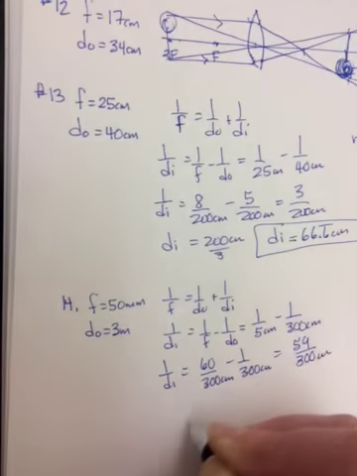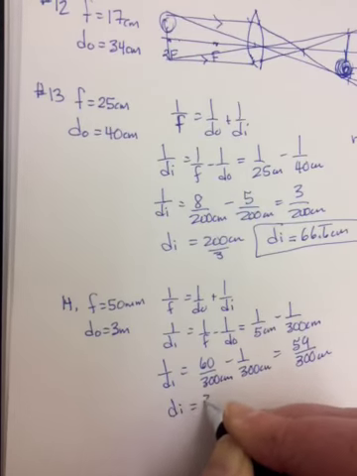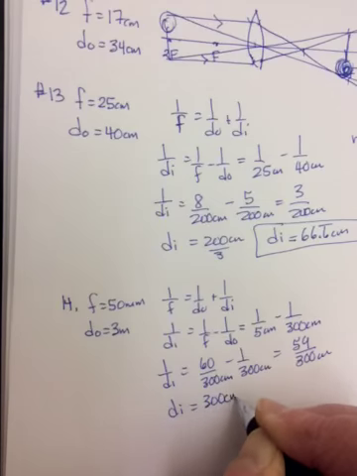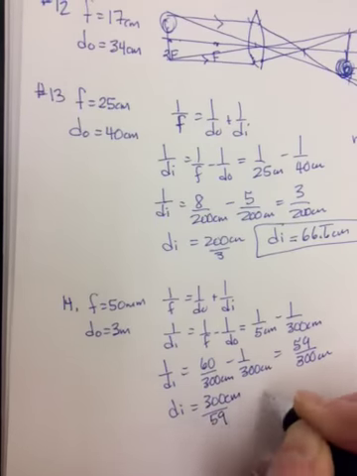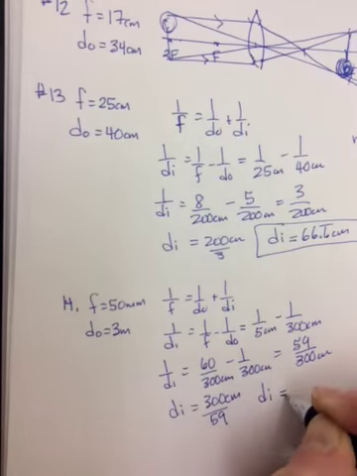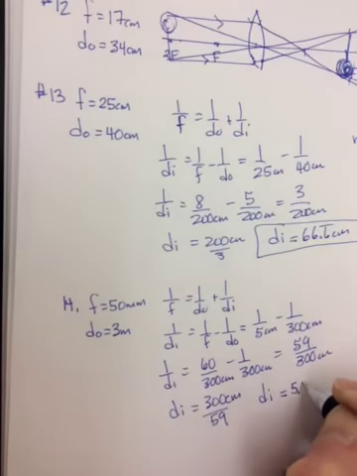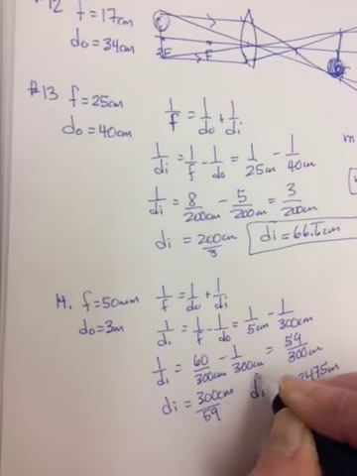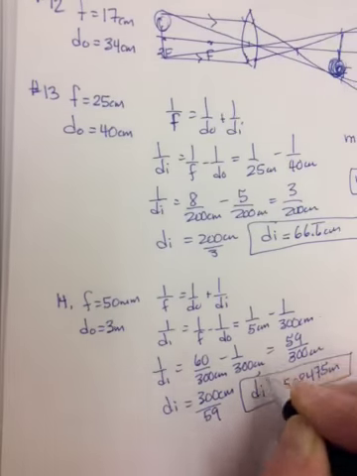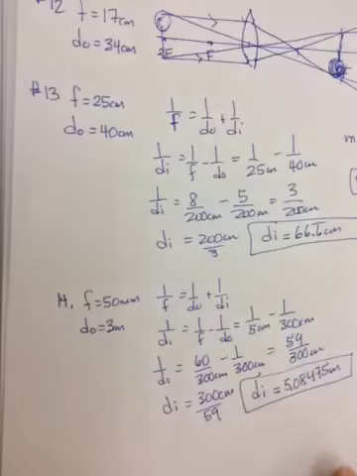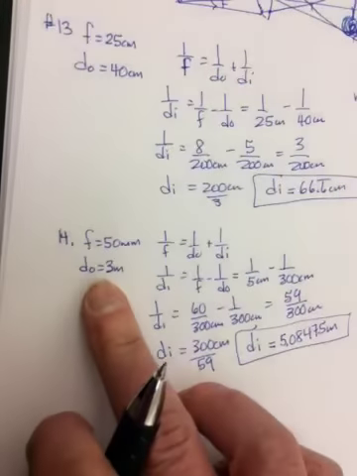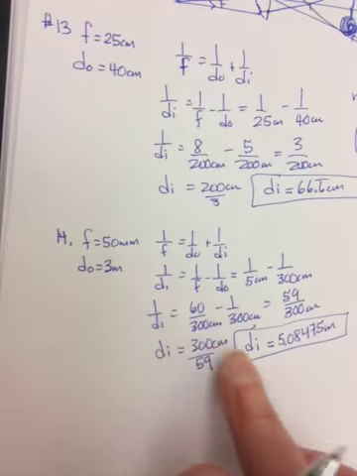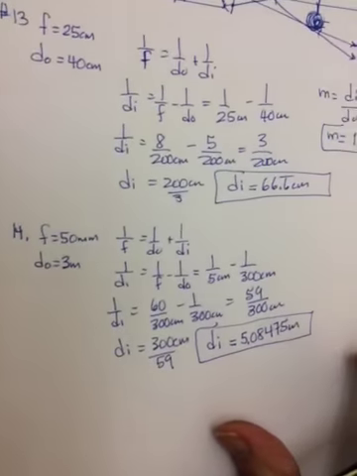So then flip them. DI is equal to 300 centimeters over 59, so DI is equal to 5.08475. So notice how close that is to the focal length. It's like it's treating the object, which is 3 meters away, as if it's a distant object.